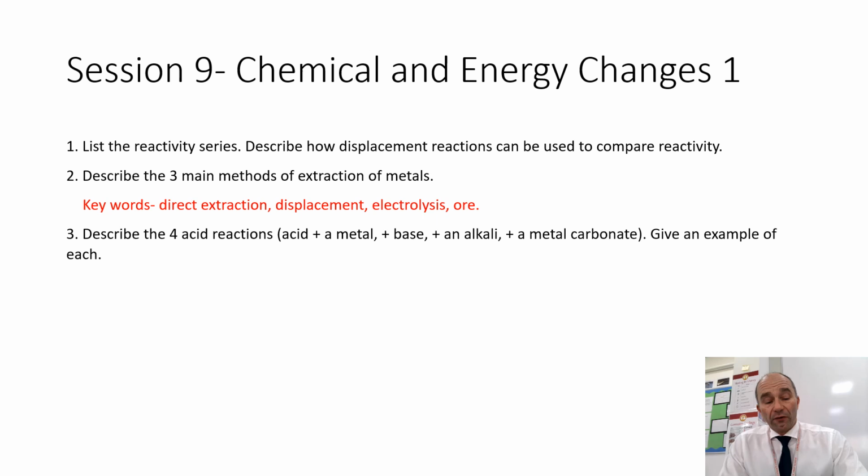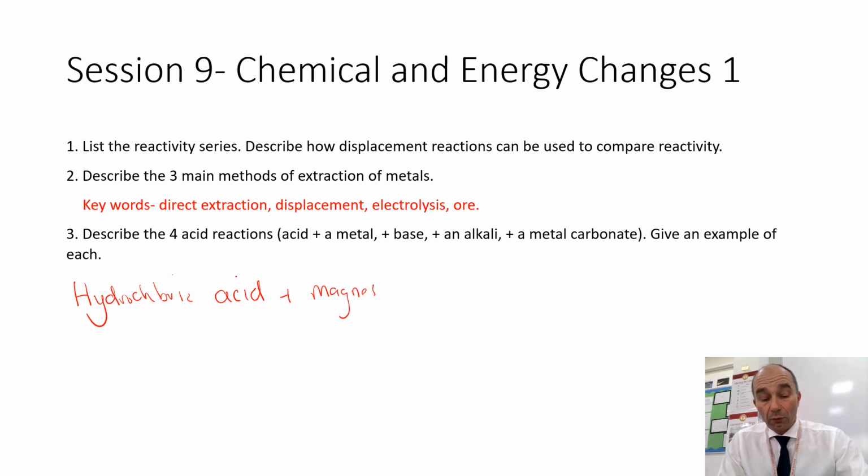The third activity is to describe the 4 acid reactions. So that's an acid reacting with a metal, a base, an alkali, and a metal carbonate. You need to give an example of each. For example, you might want to look at hydrochloric acid, and this would be one of your examples of an acid reacting with a metal.